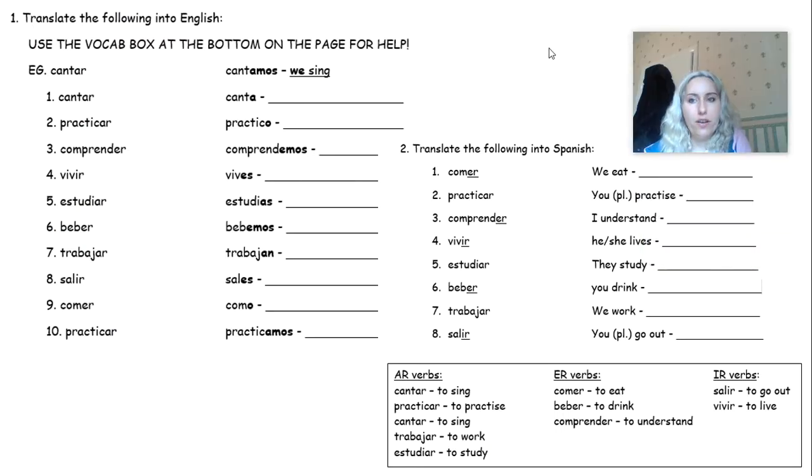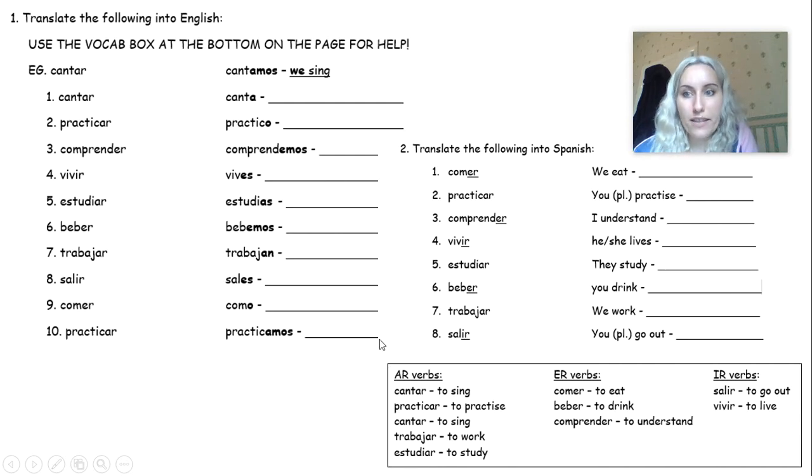Okay, right, so you've got an activity to do now. You need to translate these sentences. The first section, you're going to be translating them into English. Down the side, you have got infinitives in Spanish, and on the right hand side, you've got them conjugated with the different endings on. Like this example, you need to write down what they are in English.